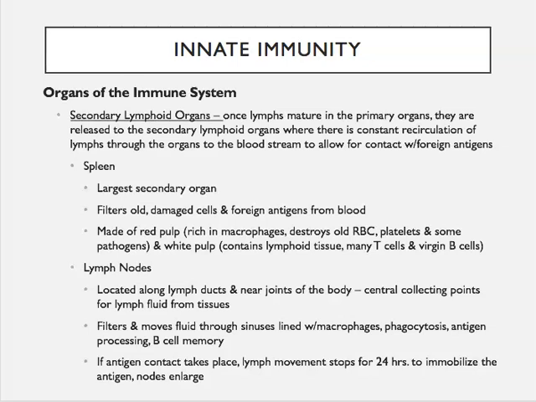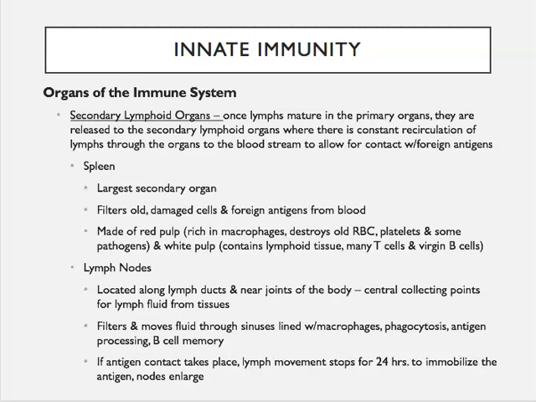And then white pulp is about 20% of the total weight of the spleen and contains the lymphoid tissue arranged around arterioles in a periarteriolar lymphoid sheath. That sheath has a lot of T cells. Attached to the sheath are primary follicles, which contain your virgin B cells, which just means that they have not yet been stimulated by those foreign antigens.